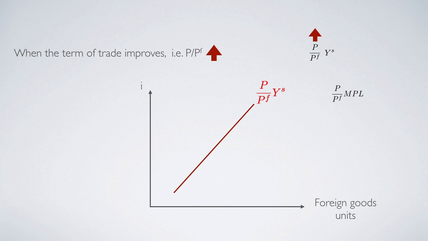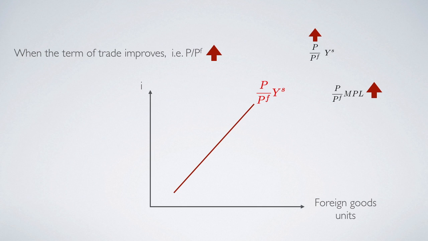That's why we have to multiply it by P divided by PF. So apparently, if the terms of trade improve, this price ratio improves, it would make local firms feel that labor productivity somehow increases.